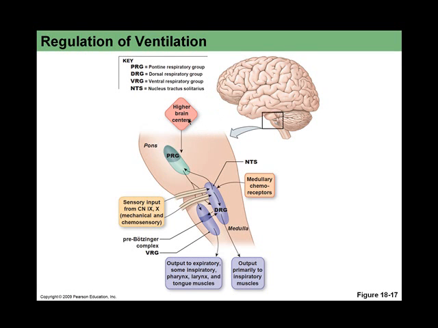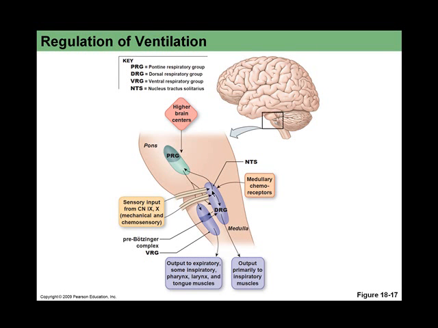So we're not denying the higher brain centers influencing the pontine respiratory group, the PRG. Then in the medulla there are two that we mention here, the dorsal respiratory group and the ventral respiratory group.